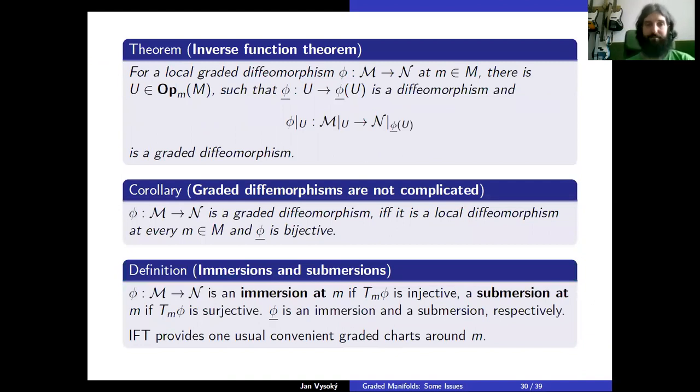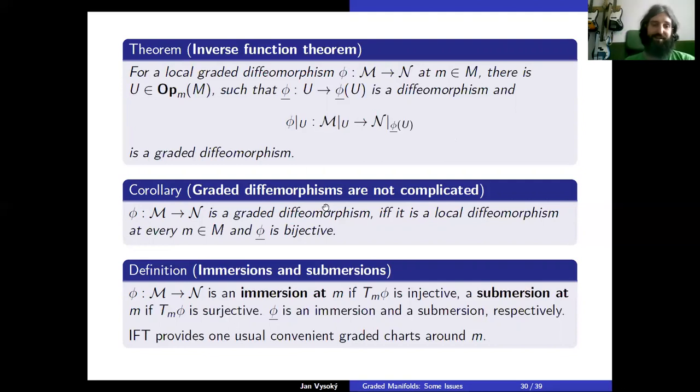And there is this IFT. If I have a local graded diffeomorphism between two graded manifolds at some point, there is an open neighborhood U of my point, such that the underlying map of phi restricts to a diffeomorphism onto its image, and my phi restricted to U defines a graded diffeomorphism from M restricted to U to N restricted to the image of U under this underlying smooth map.